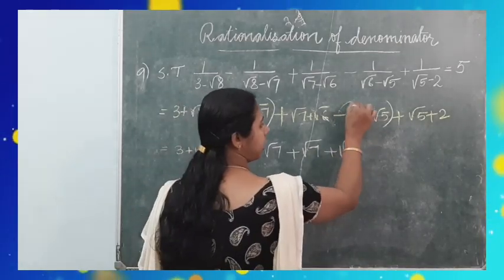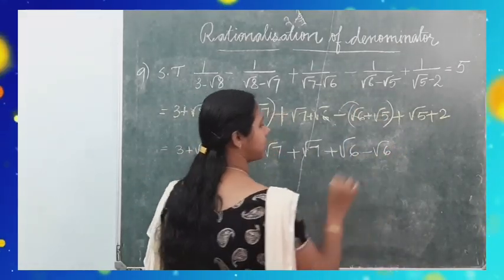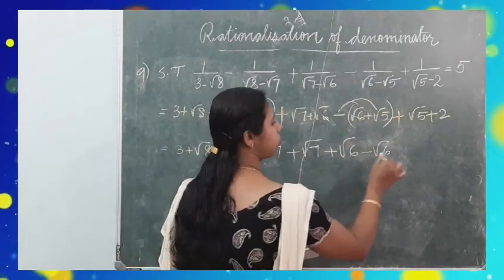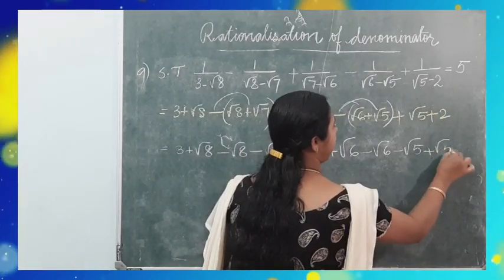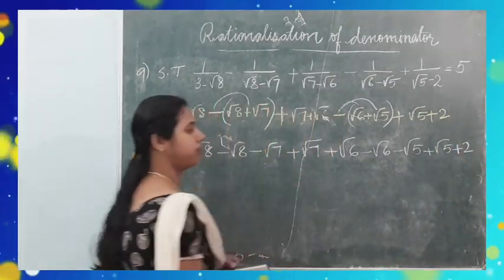Again open the bracket, negative into root 6 is negative root 6, negative into root 5 is negative root 5, plus root 5 plus 2.